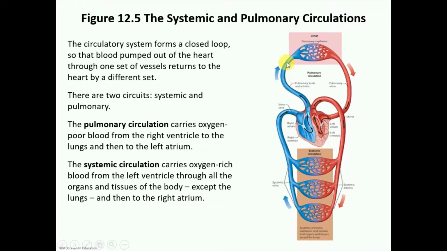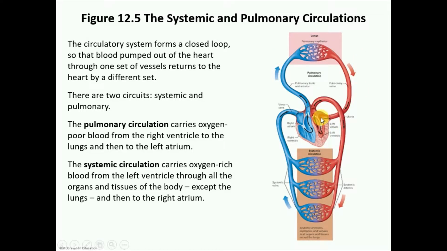The pulmonary artery will take that deoxygenated blood to the lungs, where it will pick up oxygen and then come back through these pulmonary veins, and pour what is now the oxygen-rich blood, also known as the oxygenated blood, into the left atrium. That would be your pulmonary circulation. So you start off here in the right ventricle, and then you do that loop and you end up in the left atrium.